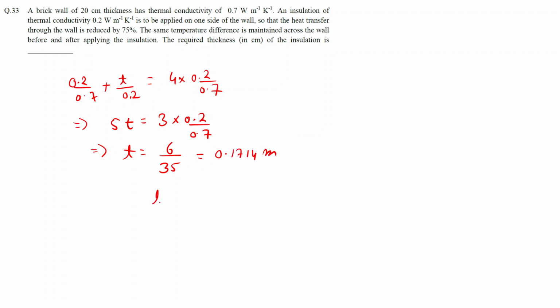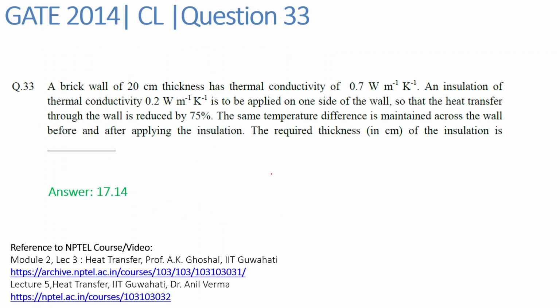This is in meter, so the thickness in centimeter will be 17.14 centimeter. So the required thickness of the insulation in centimeter is 17.14 centimeter. So we will report the final answer as 17.14.